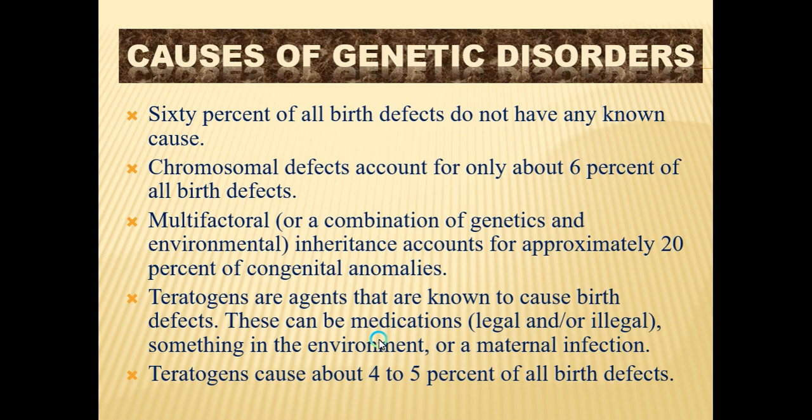So such agents are called teratogens, or it can even be maternal infections. Teratogens cause about 4 to 5%. So 60% we don't have any cause, 6% chromosomal disorders, multifactorial is 20%, and teratogens may be causing only 4 to 5% of the birth defects.